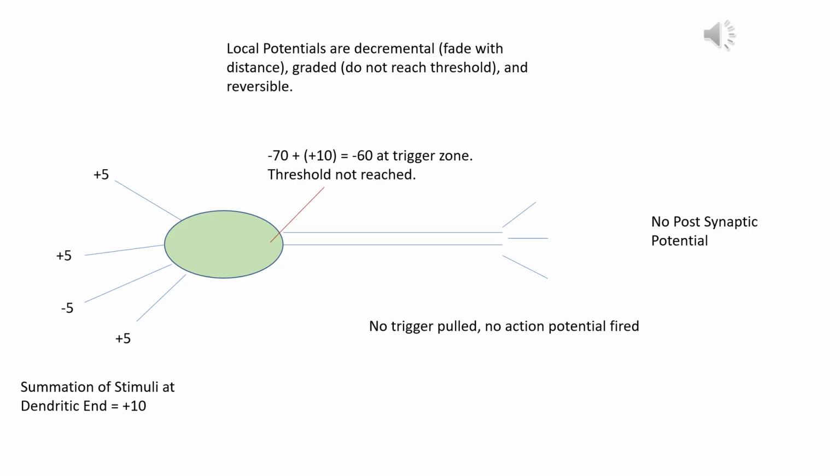Now, put this in real life terms. Let's say that there are bacteria on your skin. Well, you have touch receptors in your skin. Why do you not feel the bacteria on your skin? Your skin is actually covered with bacteria, but you don't feel them.